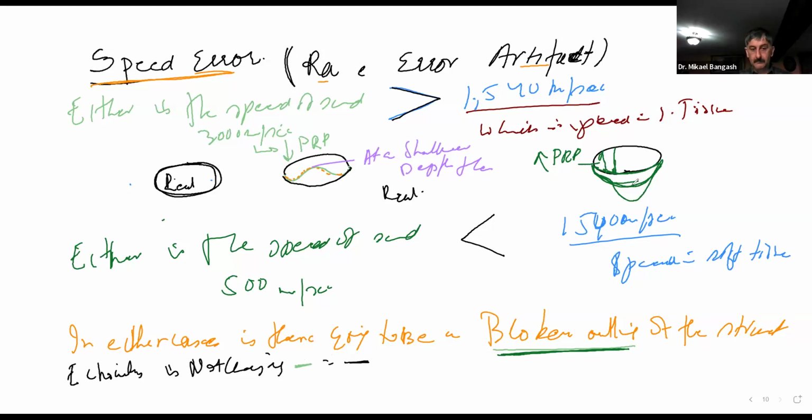Likewise for this one here. The echogenicity of this dark one here is still going to be the same as the real structure's outline. The only thing that happens is that it appears at a shallower depth or wrongly at a deeper depth, because the actual shape of the structure might have been like this.